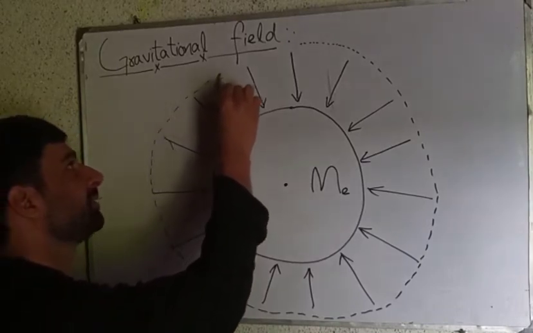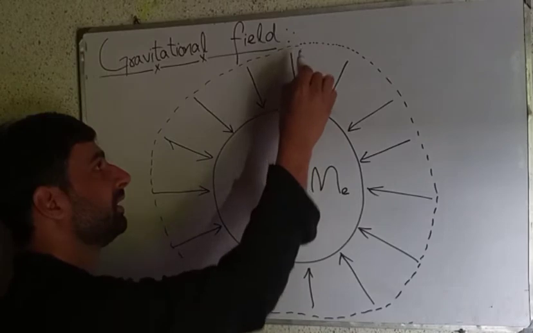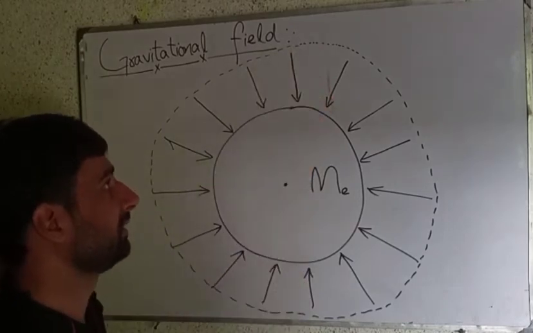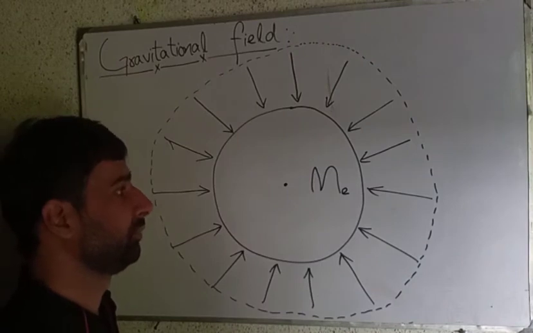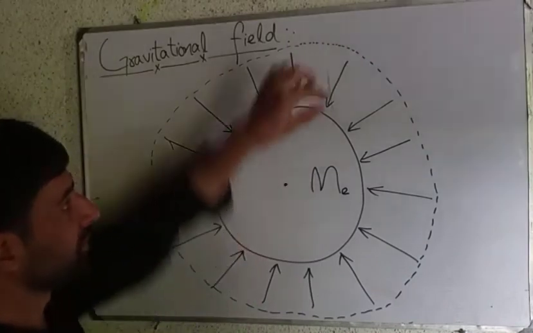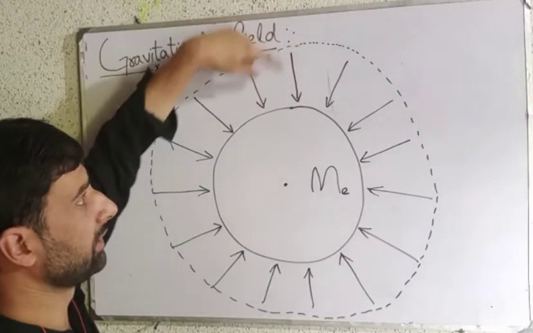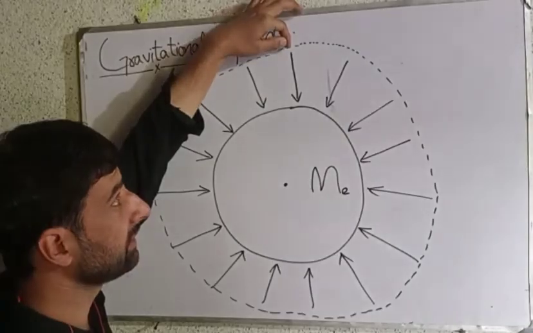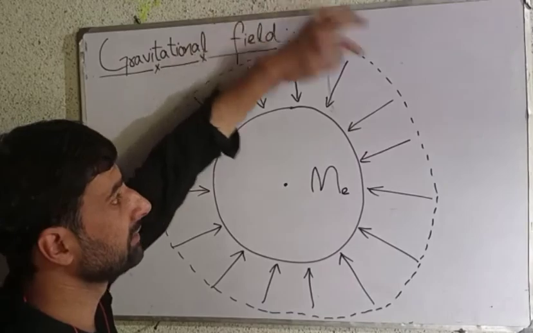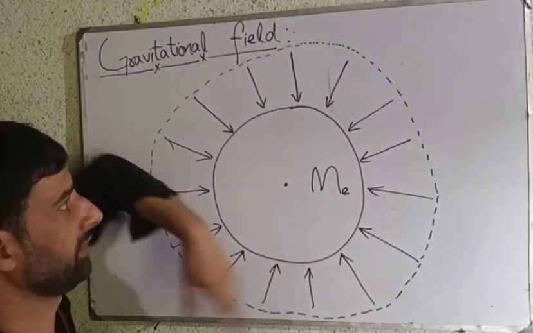But when these objects move away from Earth more than this dotted line, then Earth is unable to pull them. So if an object is thrown in an upward direction, Earth will pull it, but only as long as the object is within this dotted line perimeter.